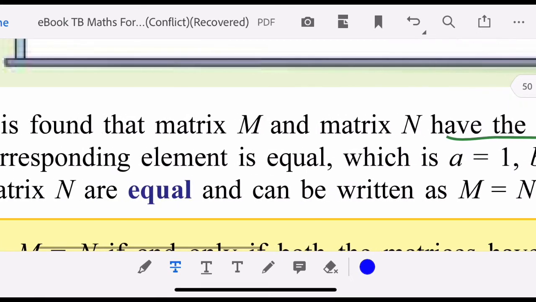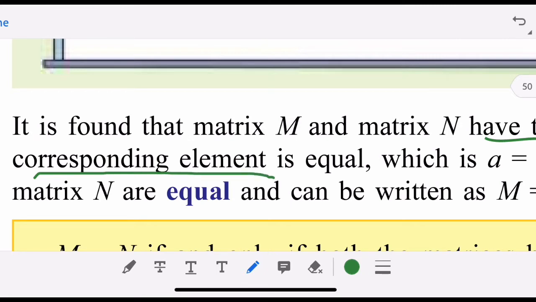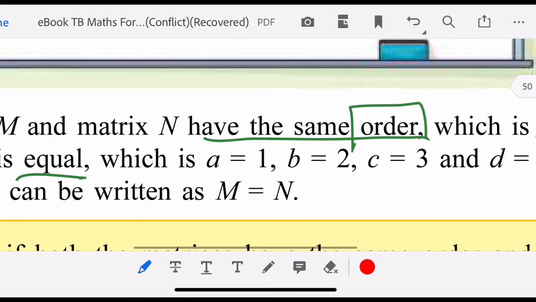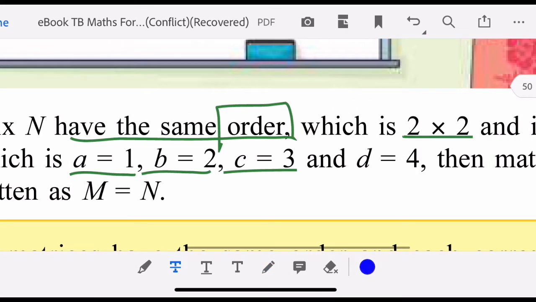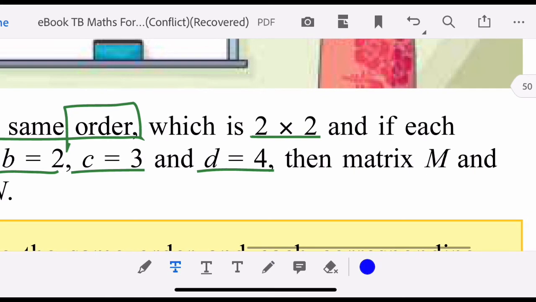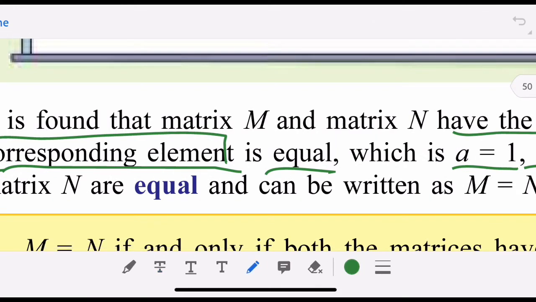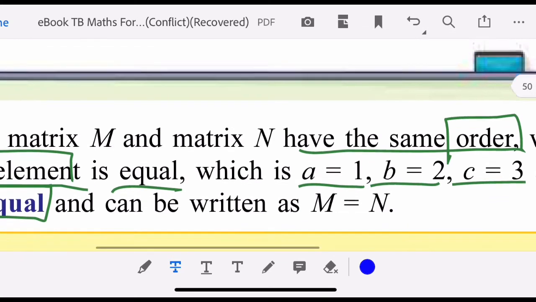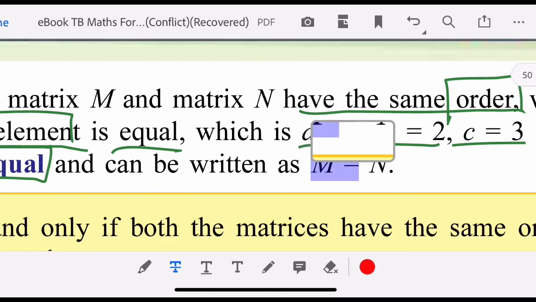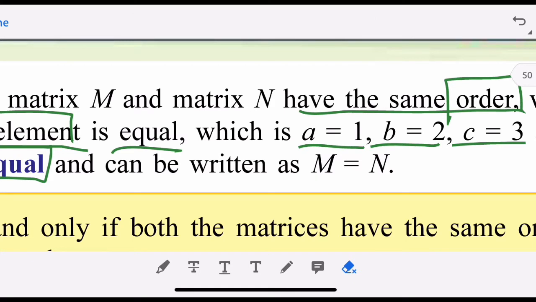And if each corresponding element is equal, which is a is 1, b is 2, c is 3, and d is 4, then matrix M and matrix N are equal matrices and can be written as big letter M is equal to big letter N. So this is how we write the equal matrix.